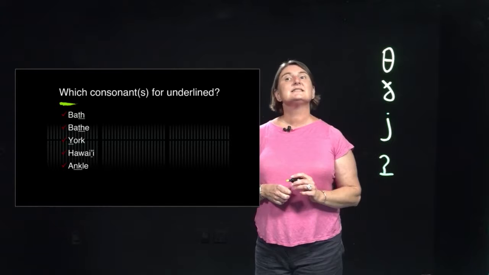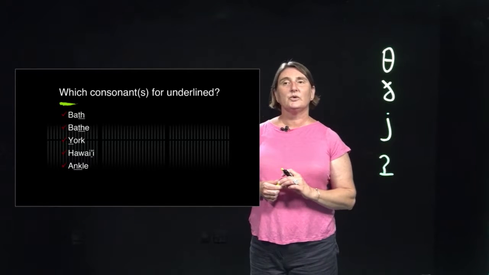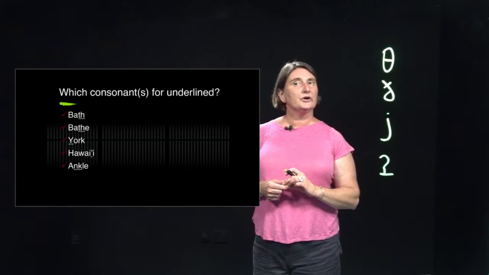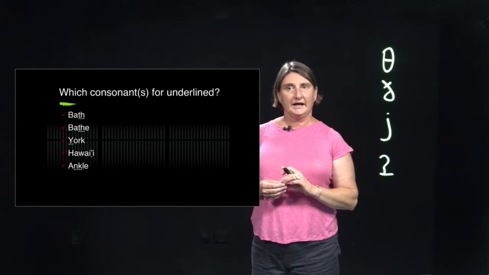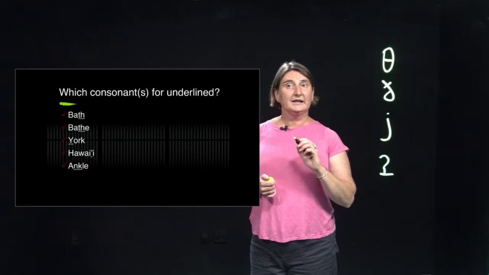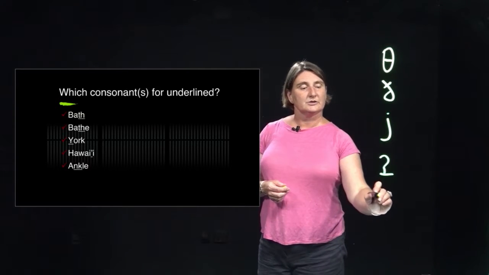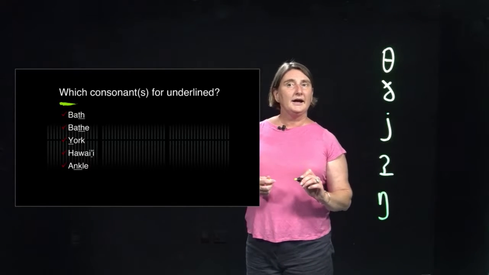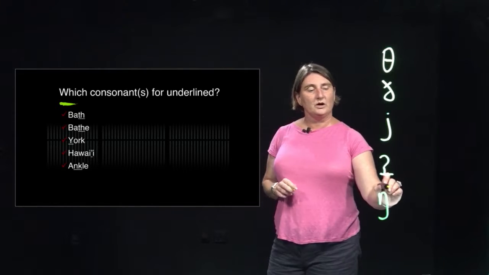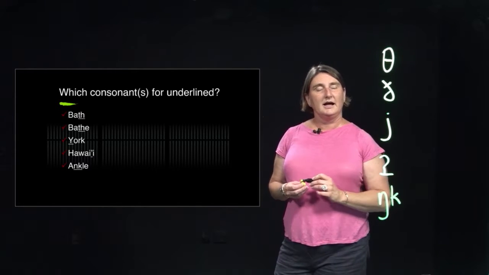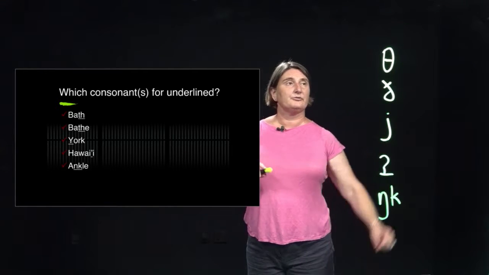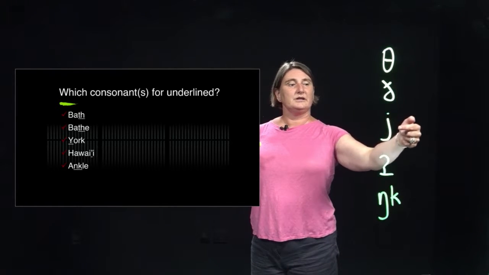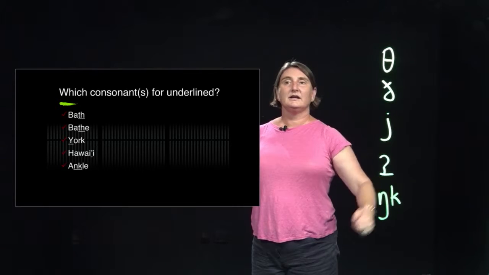Last word here is ankle. Think back to singer and finger as we decide what to do with ankle. We definitely have a ng sound, so we've got our engma. I hope you also hear a K there, ankle. So those are the consonants for this set of words: th, the, y, and nk.